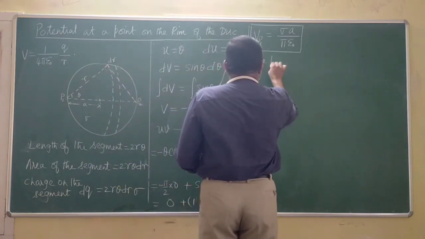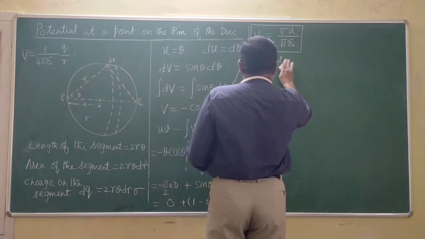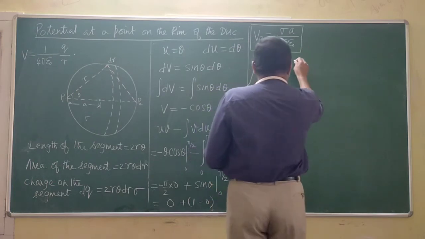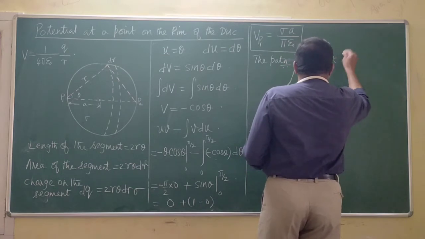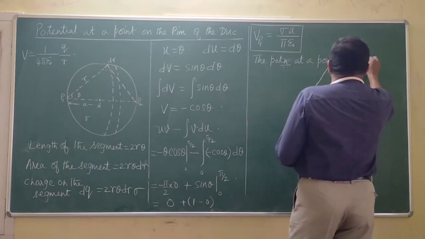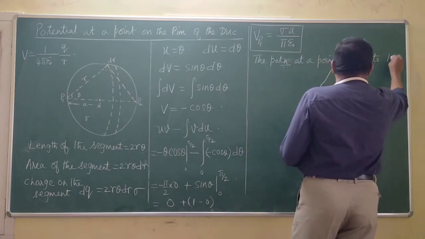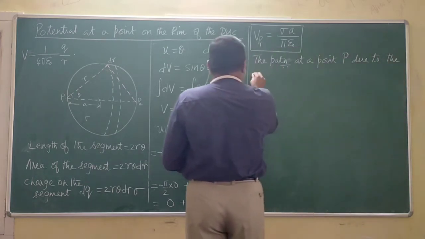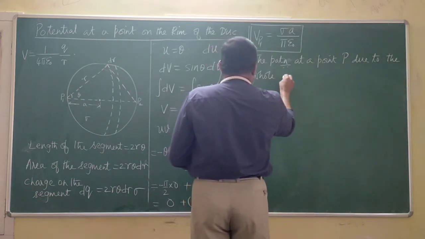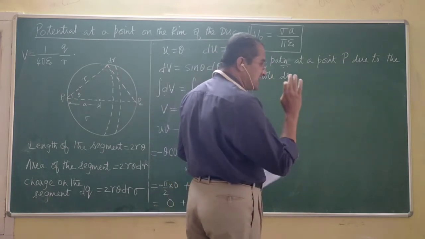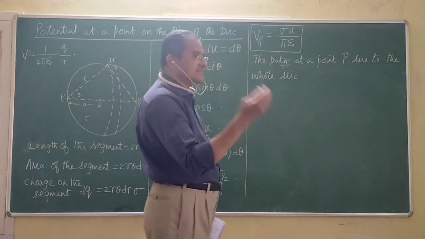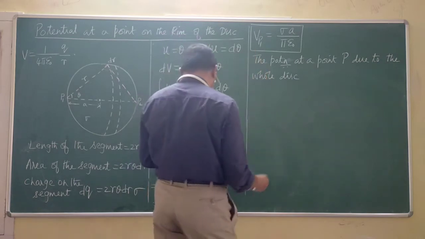The potential at a point P due to the whole disk. We have not derived this. Again I am mentioning we are not deriving this. Straight away I am giving the formula to you.